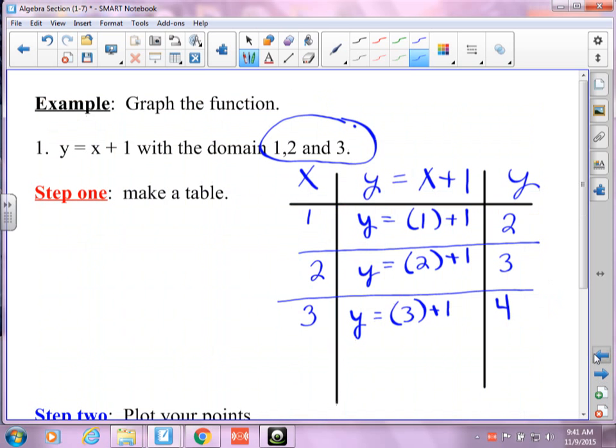So very nice. Okay, don't connect the points or the dots. Do I need to do anything else? No, I do not need to do anything else.